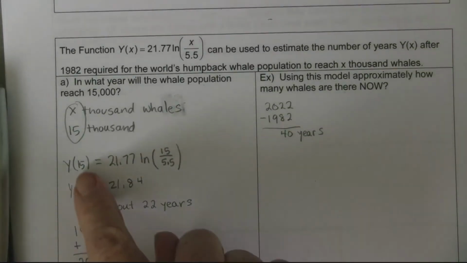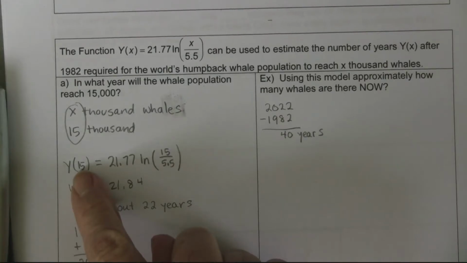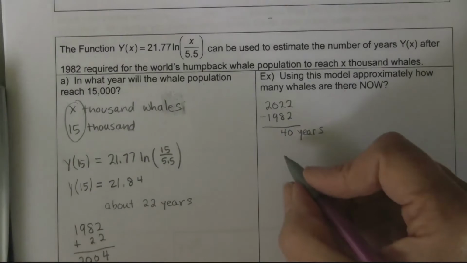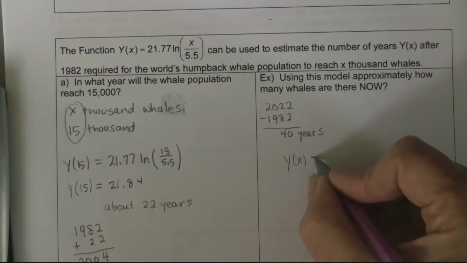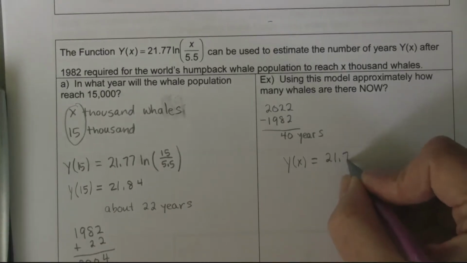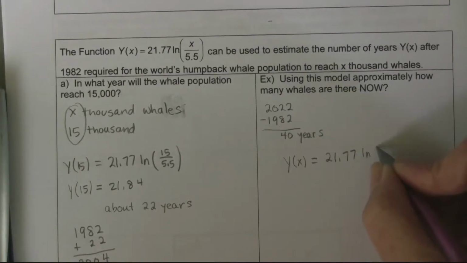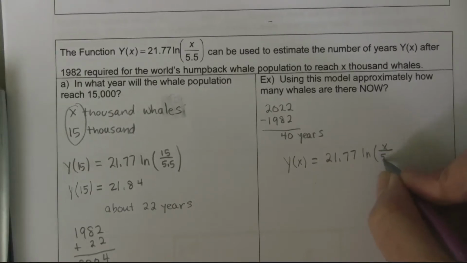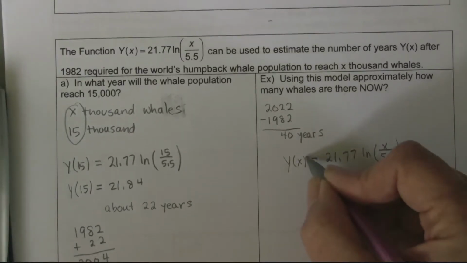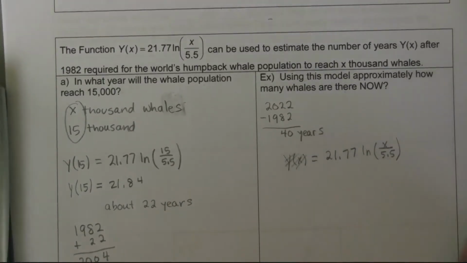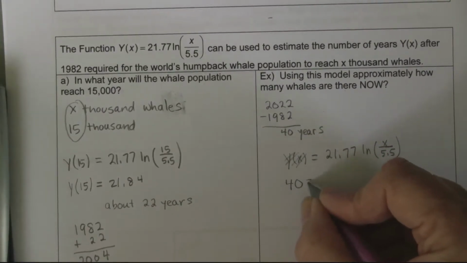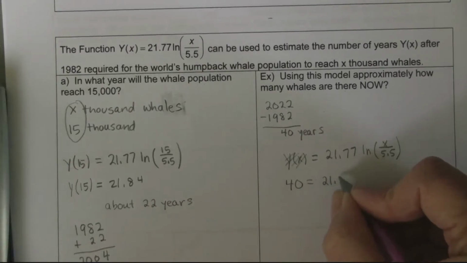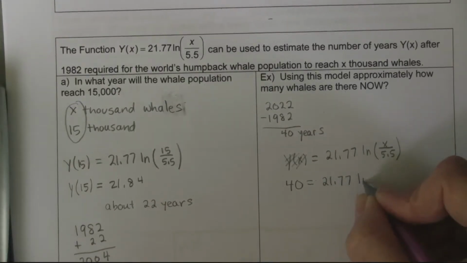The number of years we're wanting, and 15 is how many whales there are, so we don't know how many there are. So I'm going to say Y at X equals 21.77, the natural log of X over 5.5, right? And I'm going to just call this Y, the number of years, 40. And it's approximate.